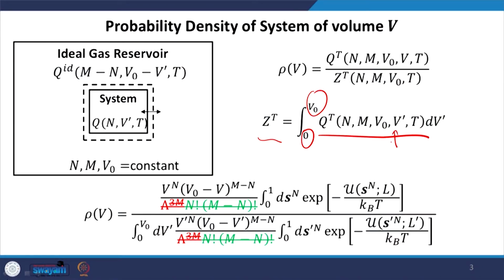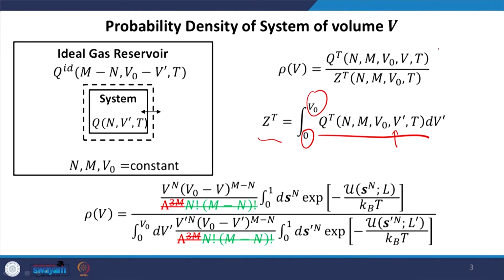So, minimum volume of system is 0 and the maximum is V naught. So, I can find the canonical partition function Qt for all the V prime value in the interval 0 to V naught, and then integrate that over the V prime variable, and that will give me the partition function for the case where volume is allowed to change, or for the NPT ensemble case.